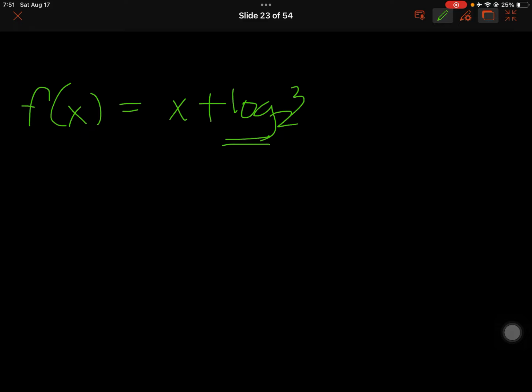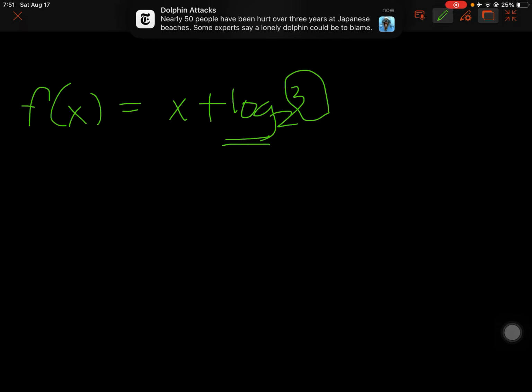For a counter example, let's say we have x plus logarithm of 3 to the base 2. This one is not a logarithmic function. Why? Because although we can see the logarithm here, the part here doesn't have any variable.